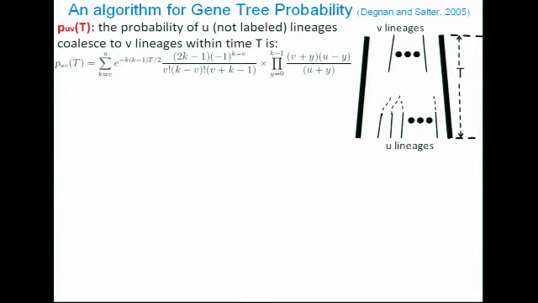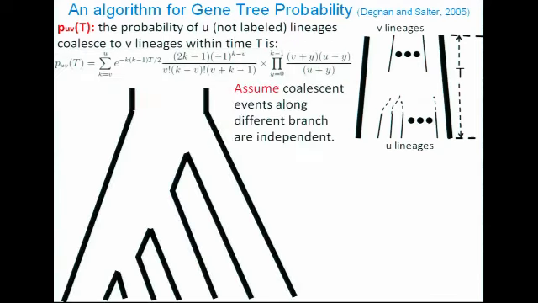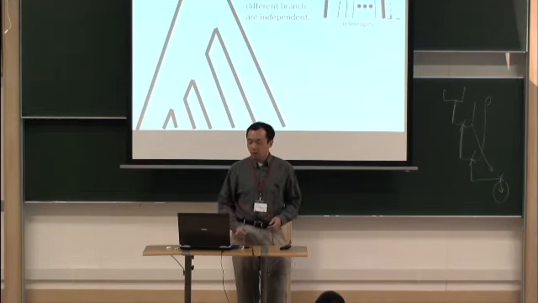It looks complex, but for computer scientists like me, it's nothing. It's very easy to compute. This simple closed form formula for P sub uv of t allows us to compute the gene tree probability, which you can see from here.